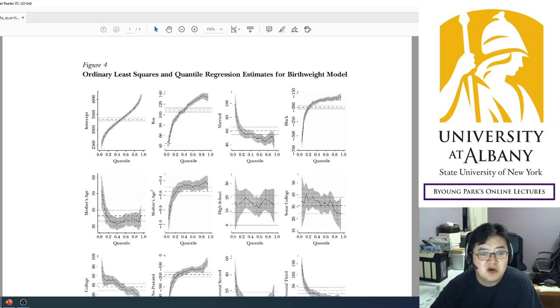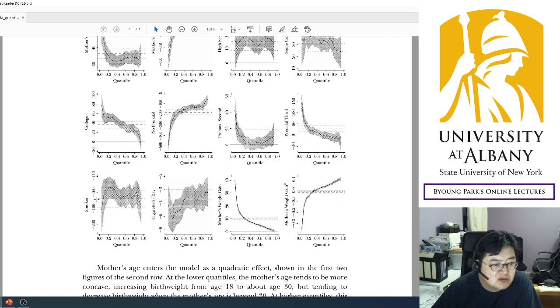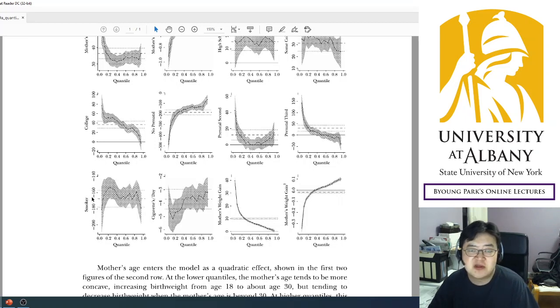Now let's think about what would be interesting: the effect of smoking. First, in the mean regression, the effect of smoking is estimated to be somewhere around minus 170.